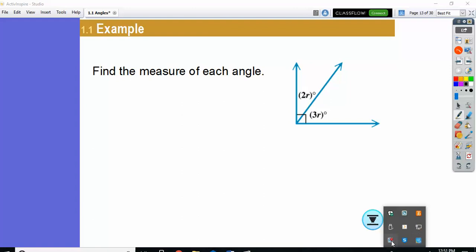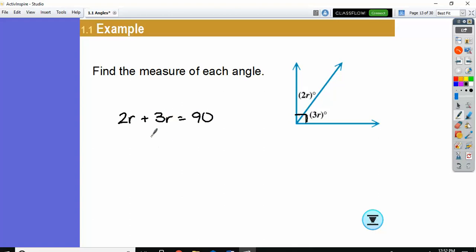Anyone want to work this one? What would we do here? What we did is said, okay, this right angle symbol means they add up to 90. So if you do 2r plus 3r, you get 90. You can put your degree symbol on everything within the problem, but you have to have it at the end. So if you don't put it on your work and you just put it on the end, that's okay.